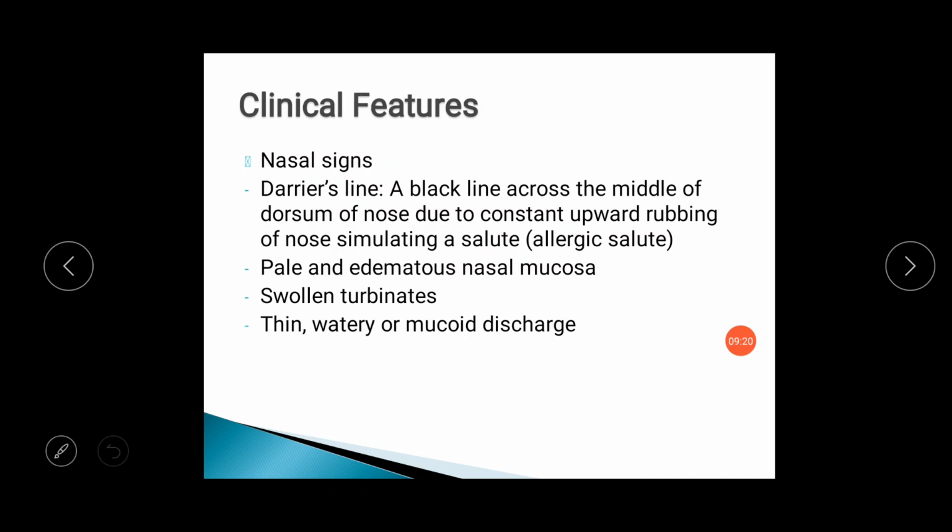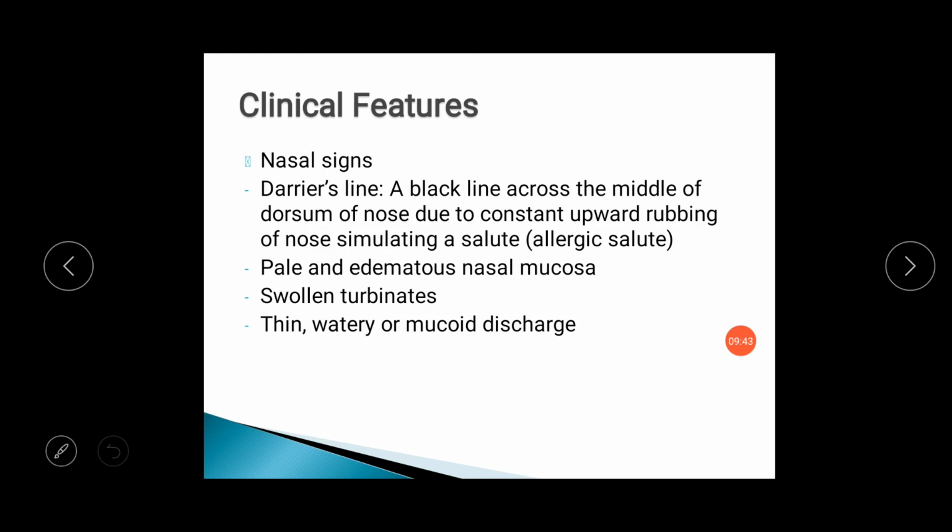Sometimes it can be pink also. Usually inferior turbinates are more commonly involved, and there is hypertrophy of inferior turbinate on both sides. This inferior turbinate sometimes also helps in production of nasal obstruction. Thin and watery mucoid discharge can be seen in the nasal cavity.